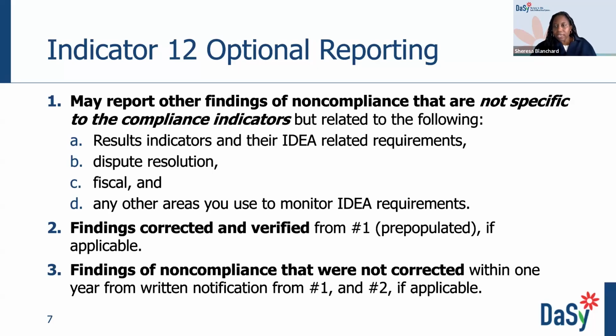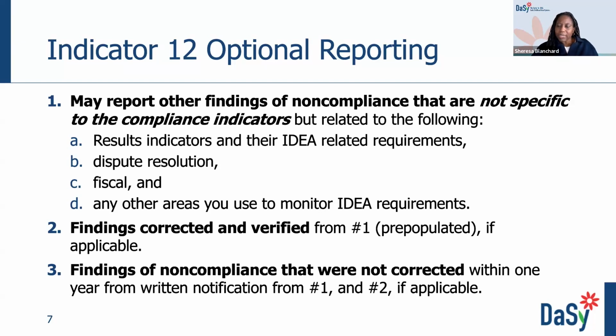For the second area, this would be findings corrected and verified in number 1, which we just reviewed, if applicable. And then the third area would be findings of noncompliance that were not corrected within 1 year from written notice from number 1 and number 2, if applicable.